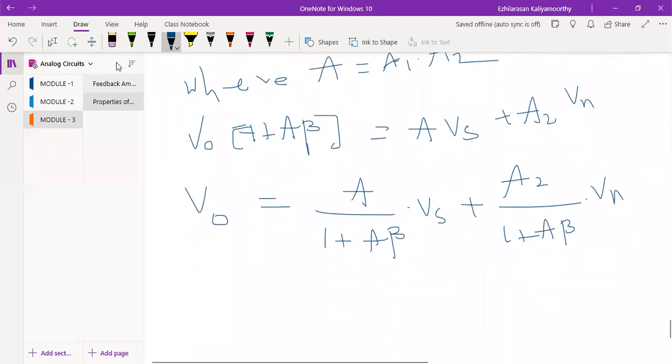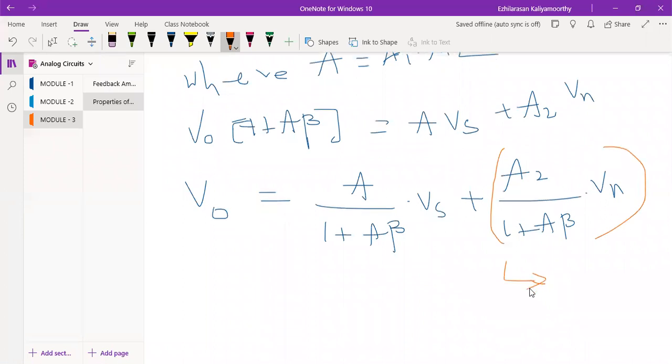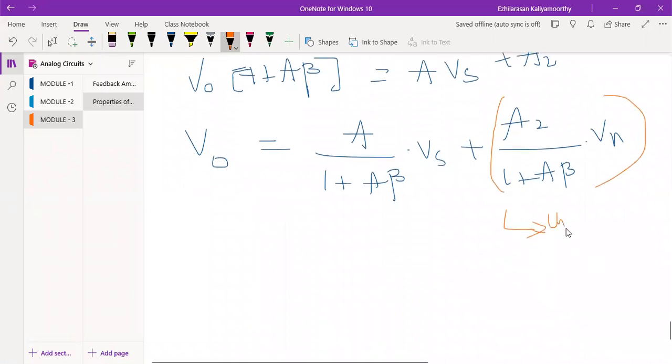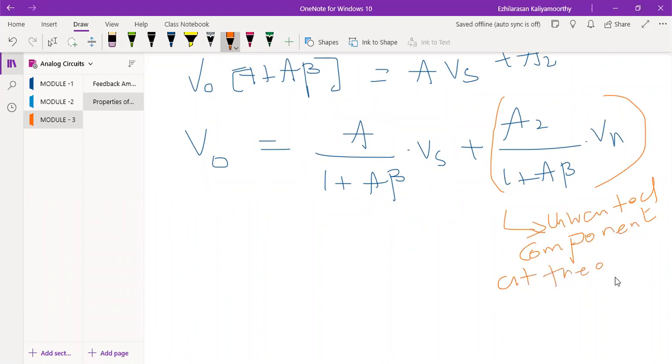Now we can say, this portion, which one? This one is the unwanted component actually. This is the unwanted component at the output after feedback is supplied.